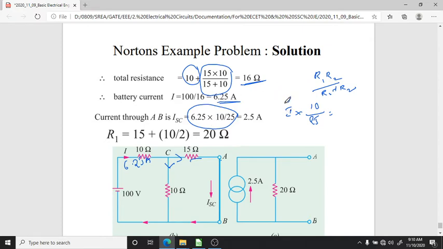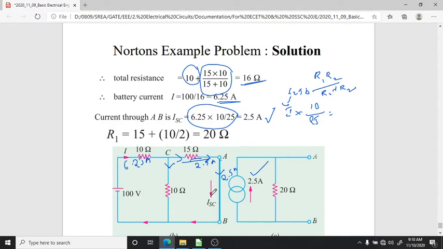Here I is 6.25 amps, already calculated. So the current flowing through the 15 ohm path is 2.5 amps, which is equivalent to the short circuit current, because the same current will pass through this one. Okay, now this is the short circuit current or Norton's current, and one element is calculated.